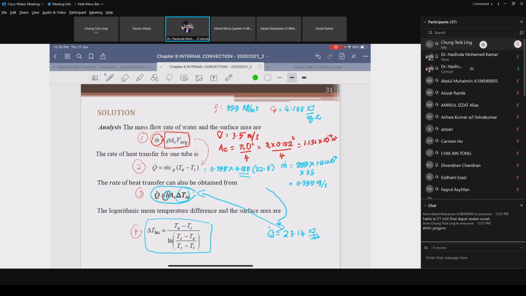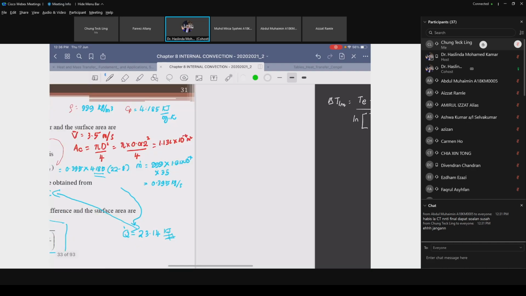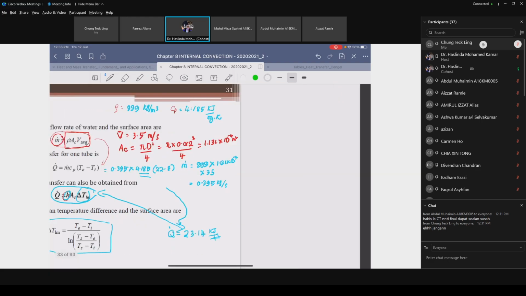Nanti mungkin ada one, this one is correct as well. So delta T, we usually denote that as delta T LM. That is T exit minus T inlet, and then divide by ln. Apa atas dia? T exit lagi ke T inlet dulu? TS. Okay, sorry.